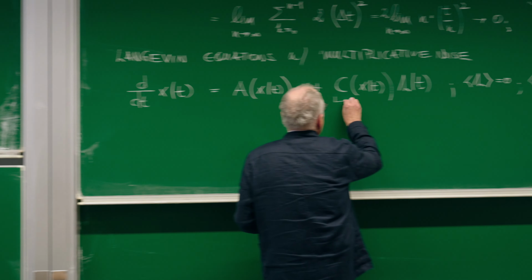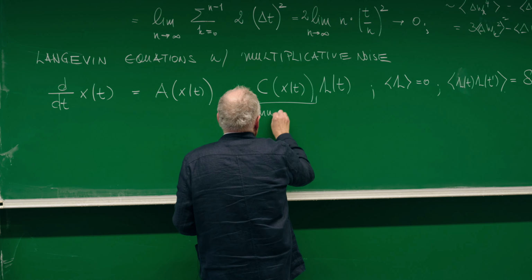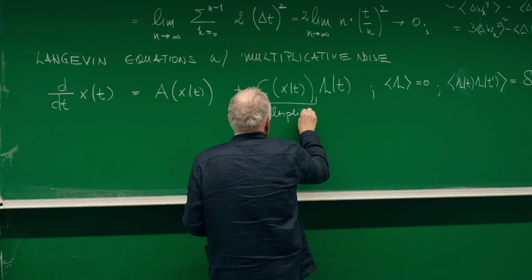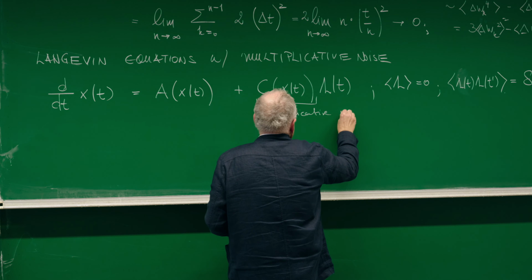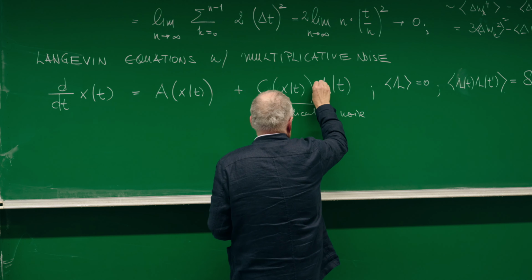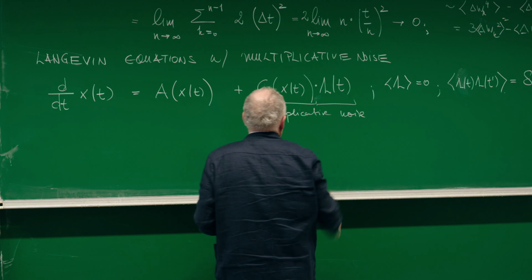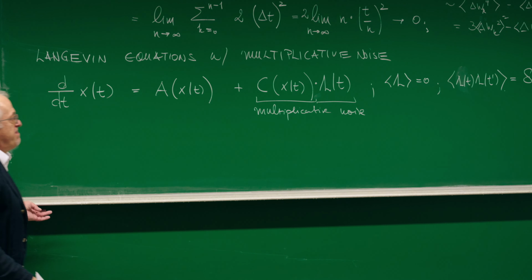So this is what it means to have multiplicative noise, because this multiplies the white noise term that you have.